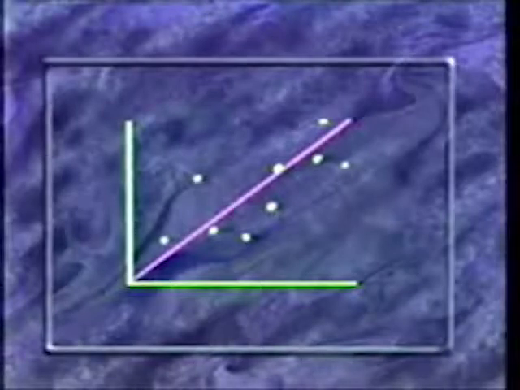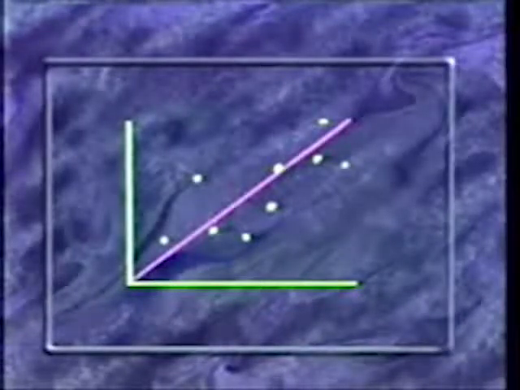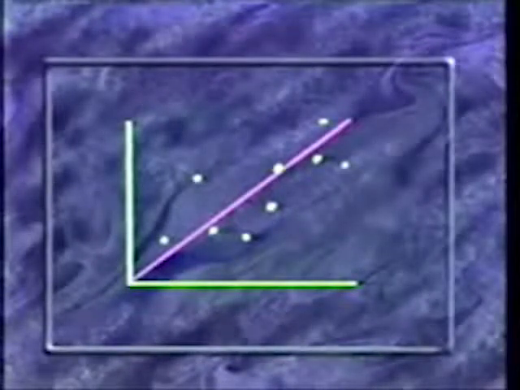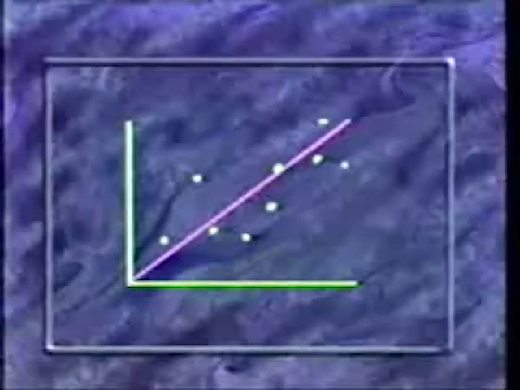A distribution of scores like the one shown here would indicate a reliable test. That is, a test with a high reliability coefficient. A graph for a test with low reliability would look like this. The points are randomly scattered around the chart. You can see that some people scored higher on the first administration of the test and lower on the second.